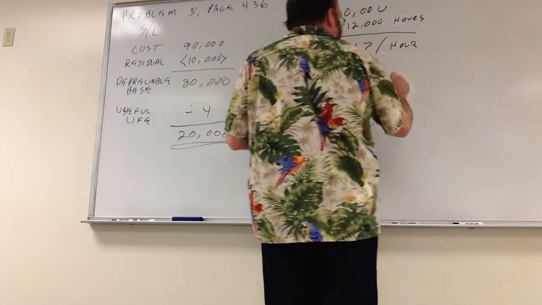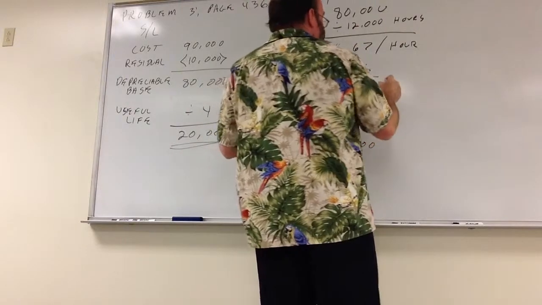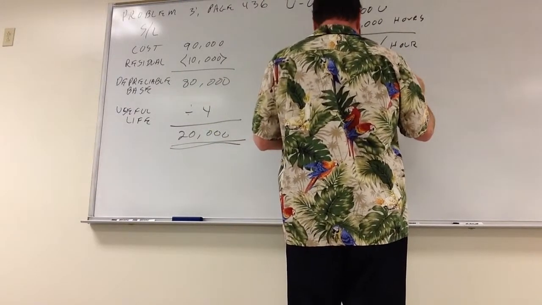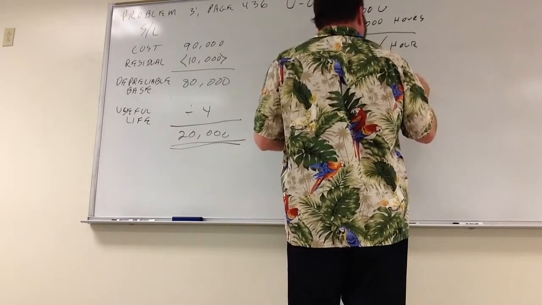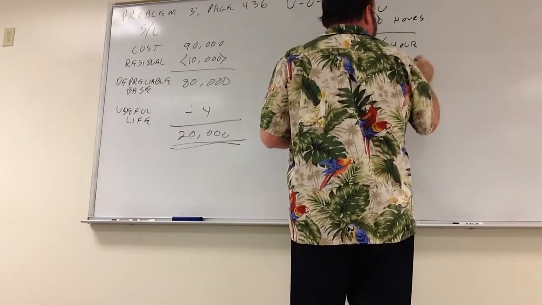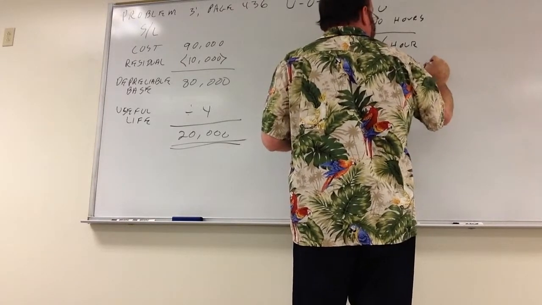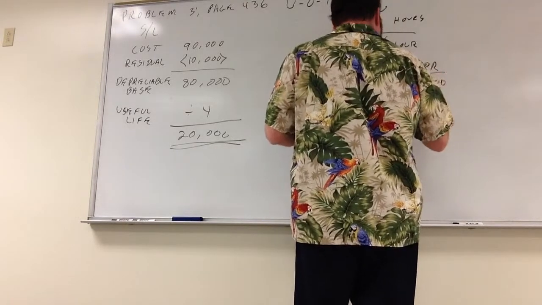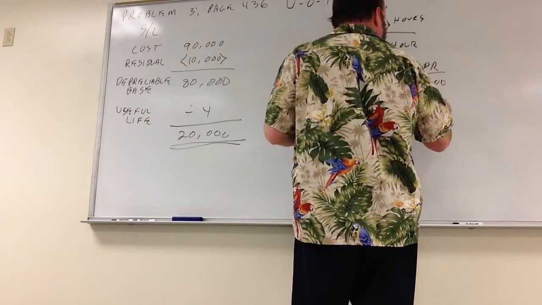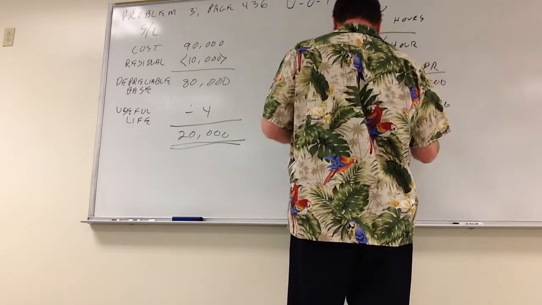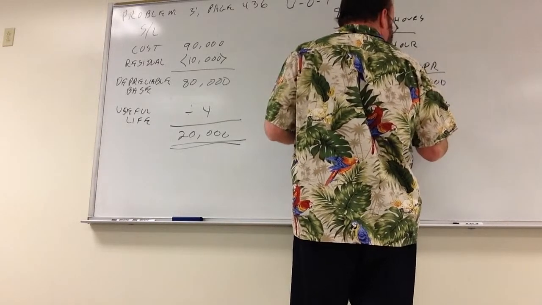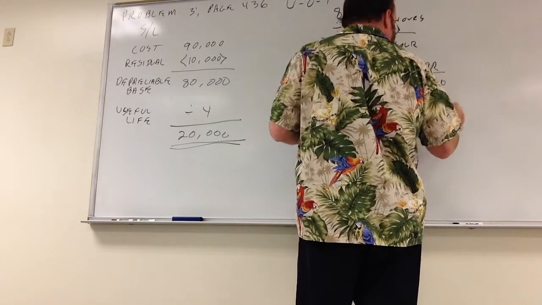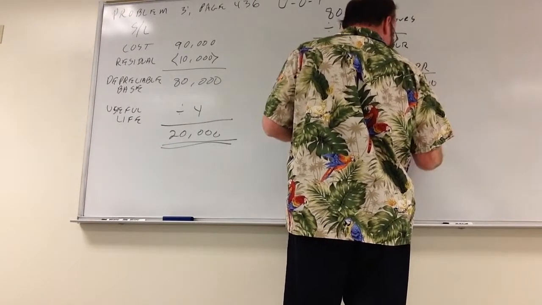Multiply that by the $6.67 per hour rate, and you get 16,000. This is depreciation for the first year, 24,000 for the second year, 32,000, and 8,000.